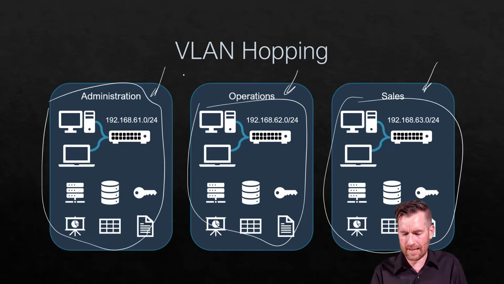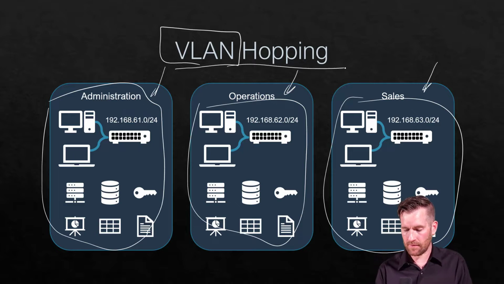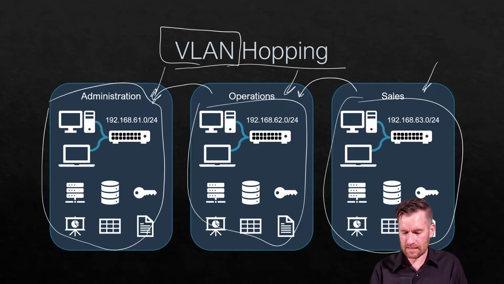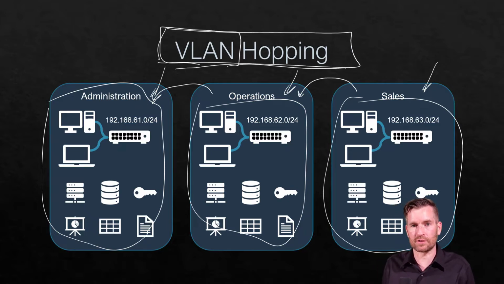One way we can do this is through VLANs, and we can create VLANs. But what can happen is this thing called VLAN hopping. And VLAN hopping allows maybe sales to get somewhere into operations, or operations somewhere into administration, and vice versa. So this is what VLAN hopping is concerned with, and it's a weakness in one of the protocols and one of the technologies that are used.